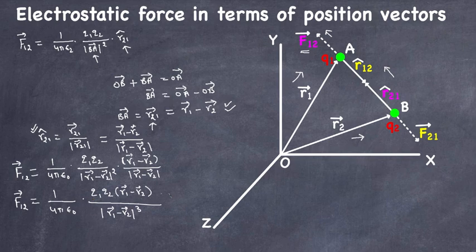So that's the formula for electrostatic force on charge Q1 due to charge Q2 in terms of their position vectors R1 and R2.